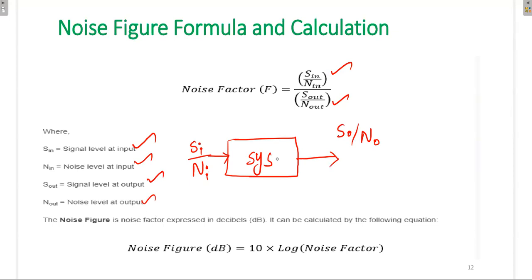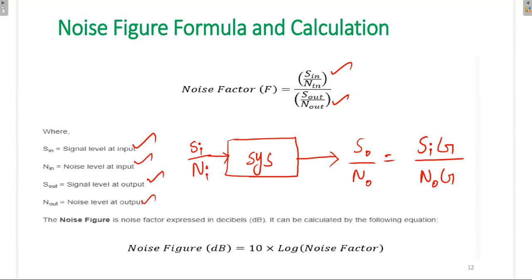So this system may provide some gain or attenuation. Say for example, if the system is providing some gain or attenuation, what will happen? SO by NO, our SI also will be multiplied by gain, NO also will be multiplied by gain. But in this process, what will happen?